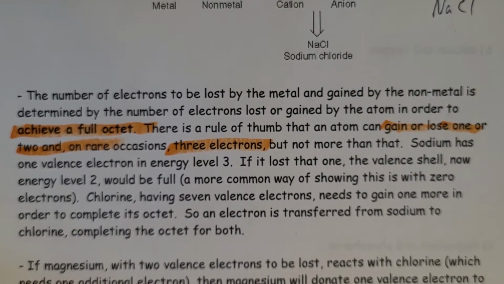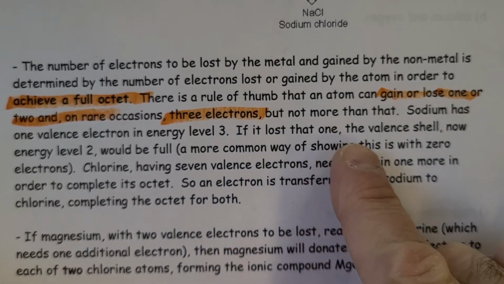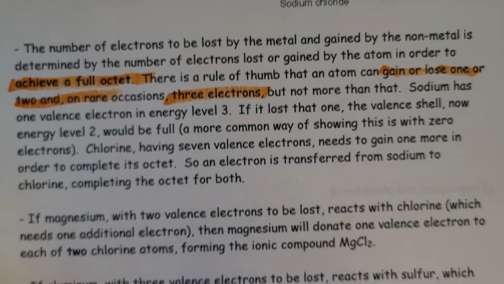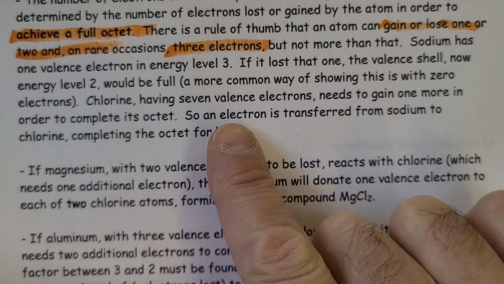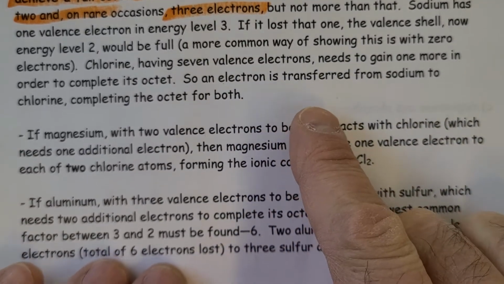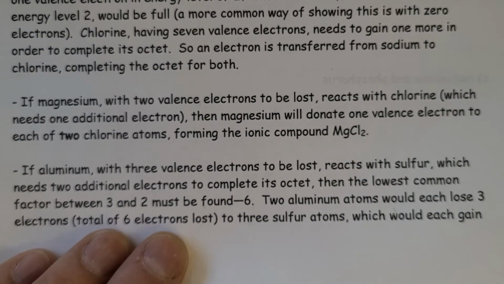So sodium has 1 valence electron in energy level 3. If it lost that one, the valence shell is now energy level 2, the level below, as I mentioned. Chlorine, having 7 valence electrons, needs to gain 1 more in order to complete its octet, so an electron is transferred from 1 sodium to 1 chlorine, making the octet for both.